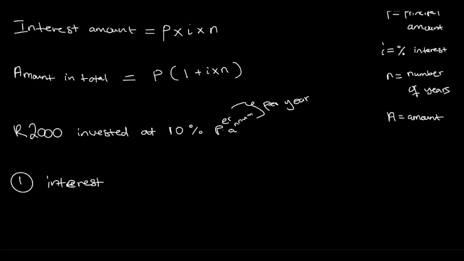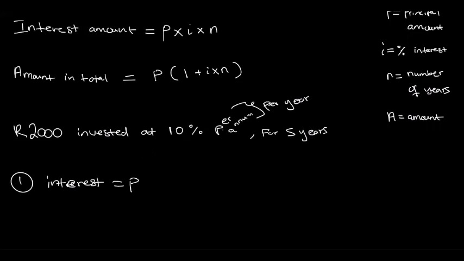So the interest is going to be the amount given. So we can list the things we've been given. We've been given P. Let's just say you have invested it for 5 years. Let's list everything nicely.